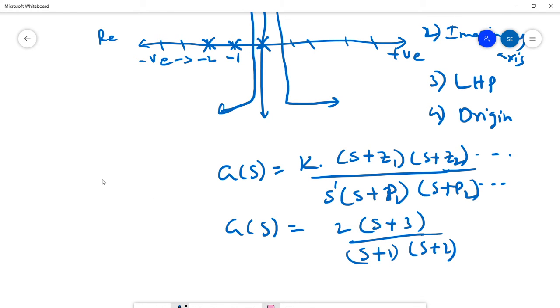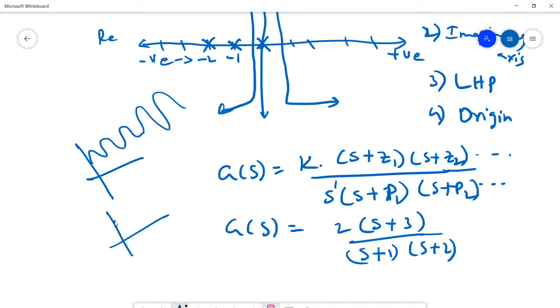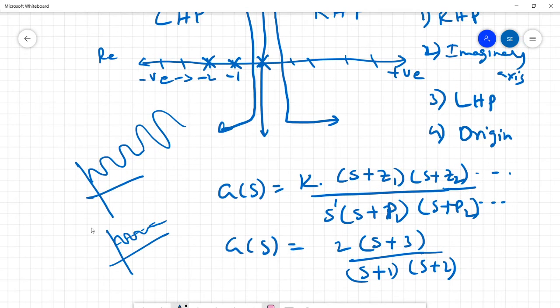It may rise like this, or it may decay the oscillations and reach some settling. So that is how we determine the S plane.